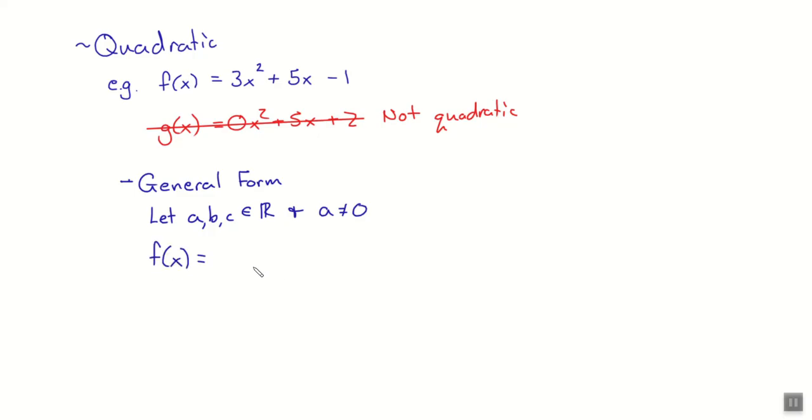Every quadratic in general form can be written as ax squared plus bx plus c. This is the way that we normally see quadratics written. The way that when I asked you guys to give me some, you all gave me versions of this. Everybody cool with that?